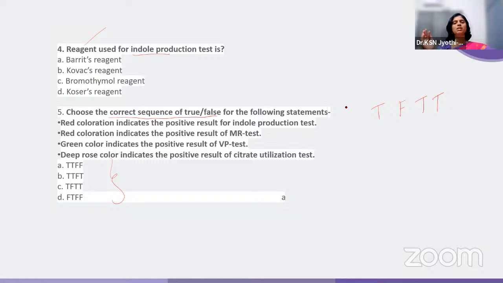When it comes to biochemical tests, there is a huge list of tests that can be performed, but a series of 4 tests are initially done to understand first whether it is an E. coli or an Enterobacter or a Proteus species or a Staph species. That is the indole test, methyl red test, Voges-Proskauer test, citrate test. Commonly done. For any of them, the procedure is prepare a medium, grow the bacteria in the medium.